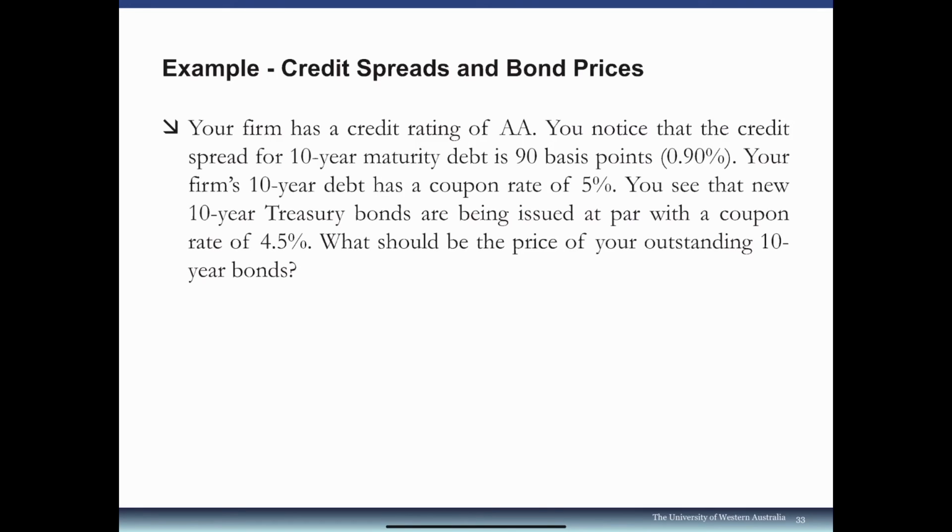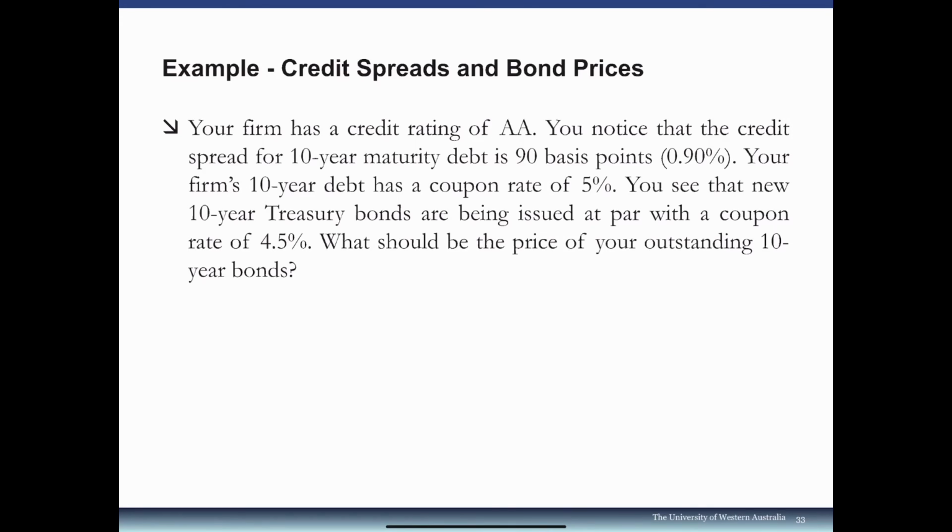What does at par mean? At par means the coupon rate is the same as yield to maturity. So that tells you the yield to maturity for a 10-year treasury bond is 4.5%. And your company's bond is 90 basis points higher than 4.5%. That tells you the yield to maturity for your bond is 5.4%, right?